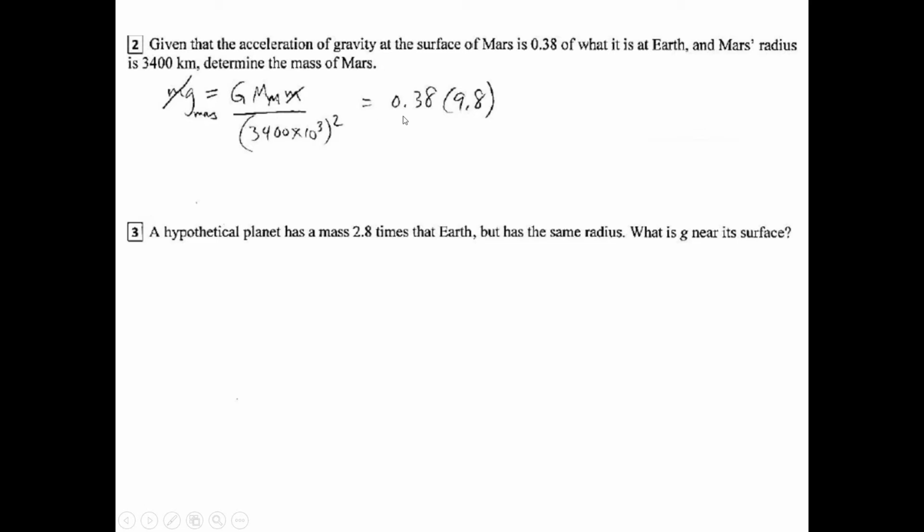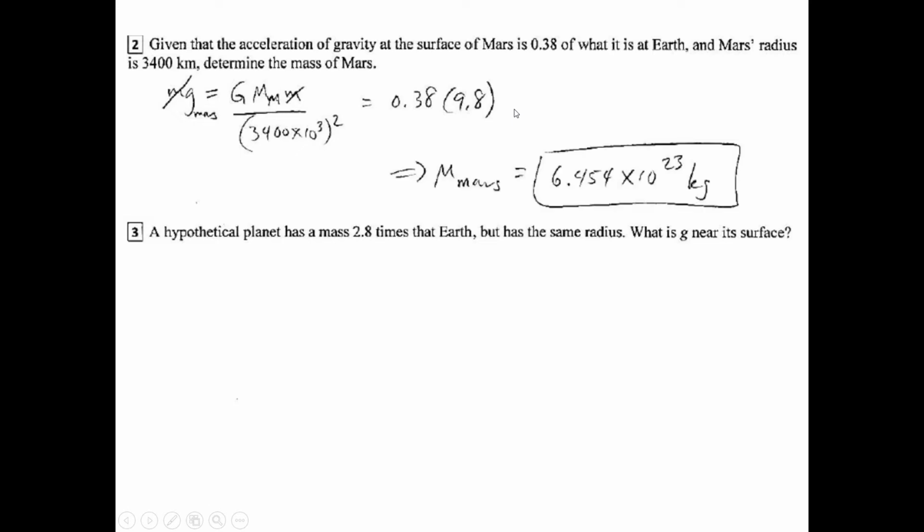So after canceling the little m, that should be equal to little g's value, which is 0.38 times 9.8 in SI units. Solving for the mass of Mars, we get 6.454 times 10 to the 23rd kilograms. I suppose we could look it up and see if that agrees with the accepted value.